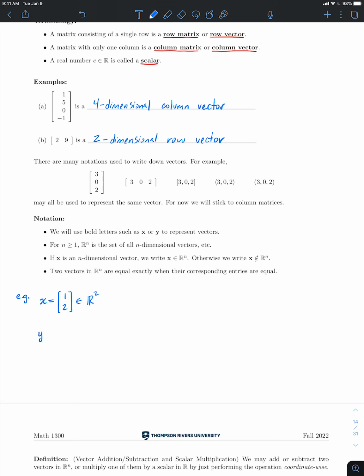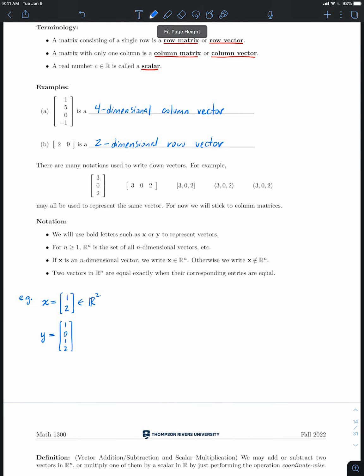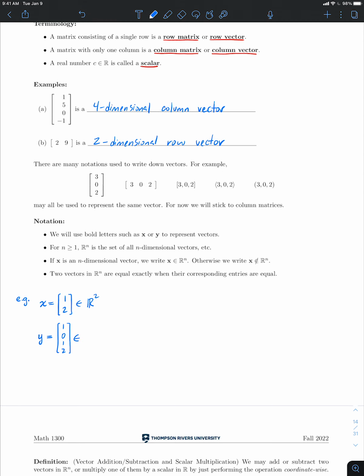But if I write down a vector y, and I'll give it 4 coordinates, 1, 0, 1, 2, that is an example of a vector that is in R4. But this vector x up here, I would say that x is not in R3, because why? Well, it doesn't have 3 coordinates, right? It only has 2 coordinates. So it does belong to R2, but it doesn't belong to R3.